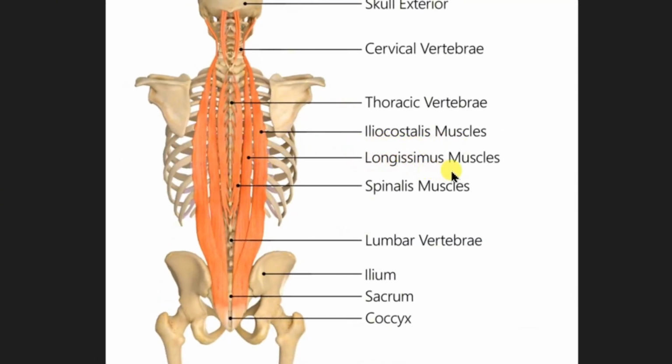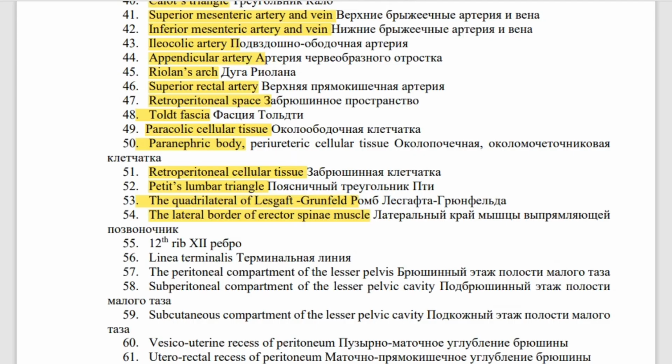Actually, this is a group of three muscles which includes iliocostalis, longissimus, and spinalis. So we have to find the lateral part of this muscle. Obviously it will be the iliocostalis because it's the lateral part of this muscle.